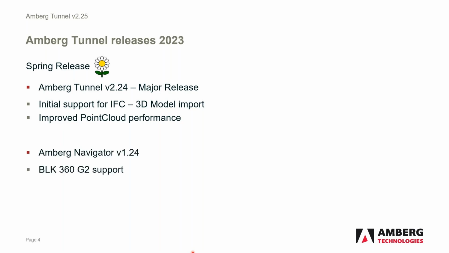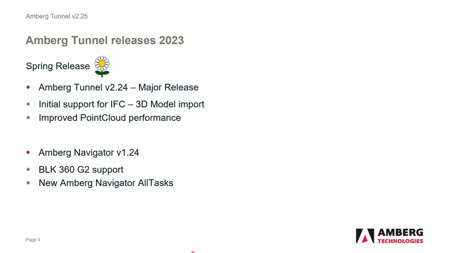On the Amberg Navigator side, we introduced the BLK360 Generation 2. Remember, the BLK360 had a Generation 1, which is discontinued now. The moment we were able to support Generation 1, Leica said, hello, now we have Generation 2, and we had to rewrite the whole SDK.